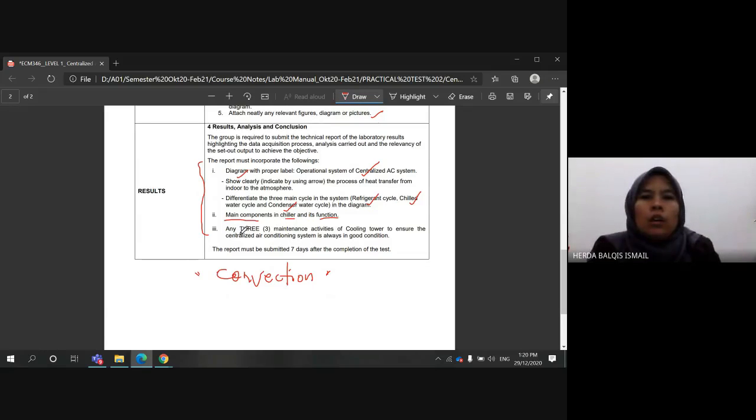And the last one, please include the maintenance activities of the cooling tower. Identify the components in the cooling tower, and what maintenance activities can be conducted to ensure the system is always in good condition.